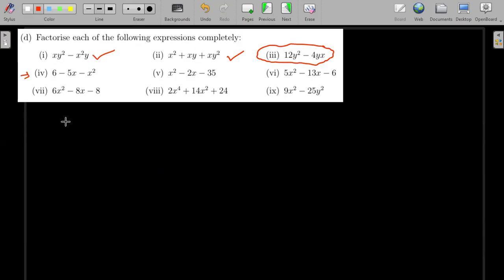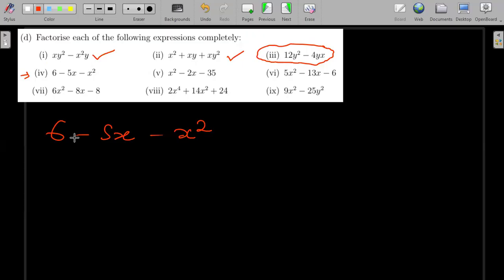The fourth one has 6 minus 5x minus x squared. The way it has been given there, we immediately identify it as a quadratic equation. When factorizing a quadratic equation, we have a number of ways in which we can do it. One, we can factorize using completing the square.